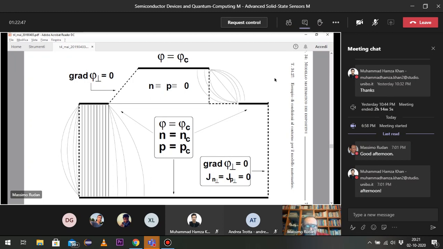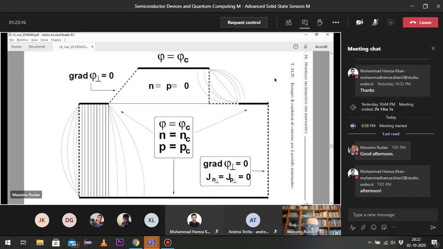So now we have to discuss what happens to the concentrations n and p at the contacts, source and drain, and bulk, and what happens to the normal derivatives of n and p at the two insulating boundaries that are on the sides of the silicon region, okay?